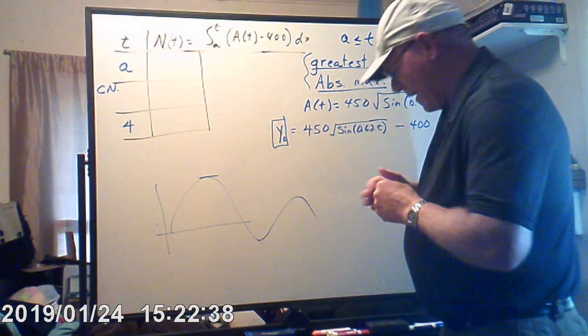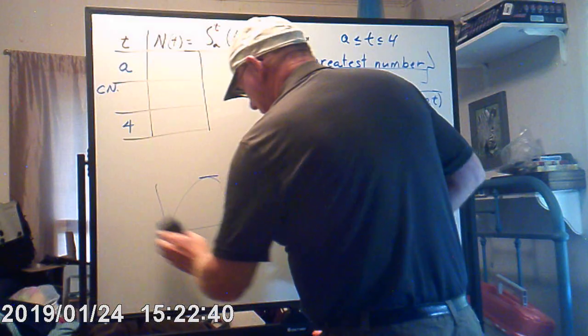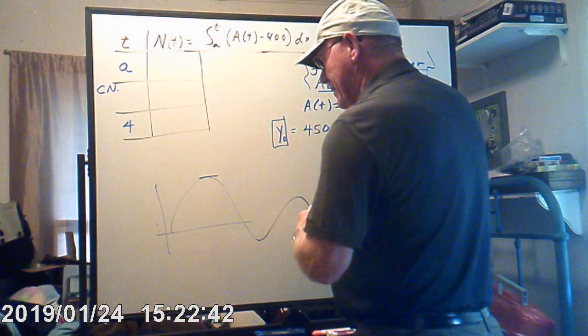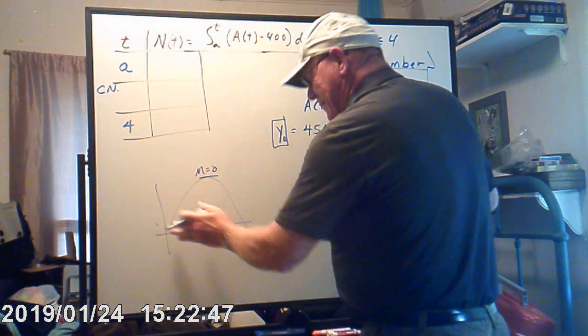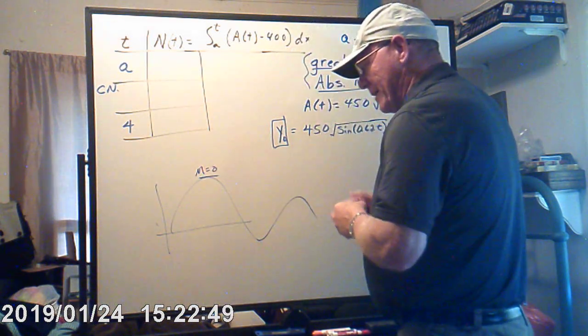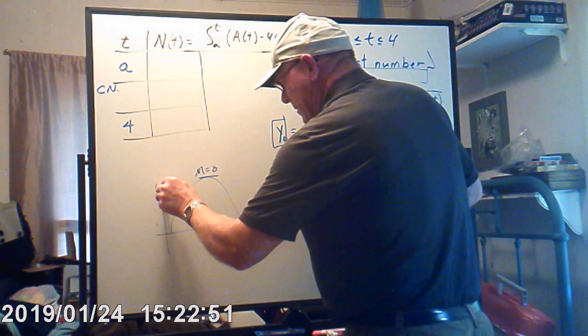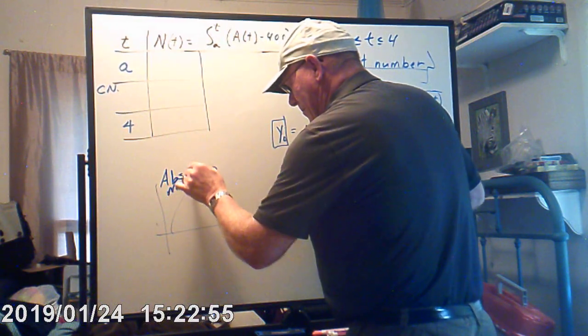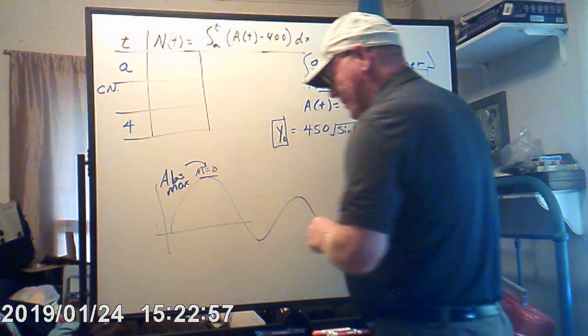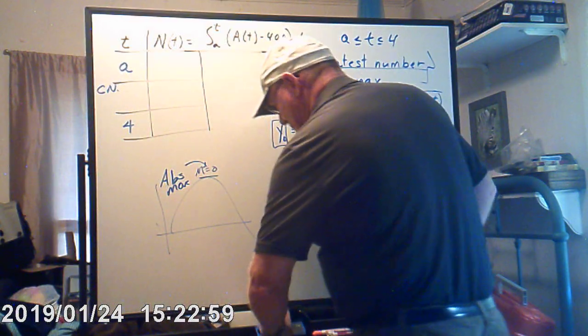Let's do that now, because this represents the slope, remember, and at an absolute max, the slope is equal to 0. So there it is. That's what we're doing.